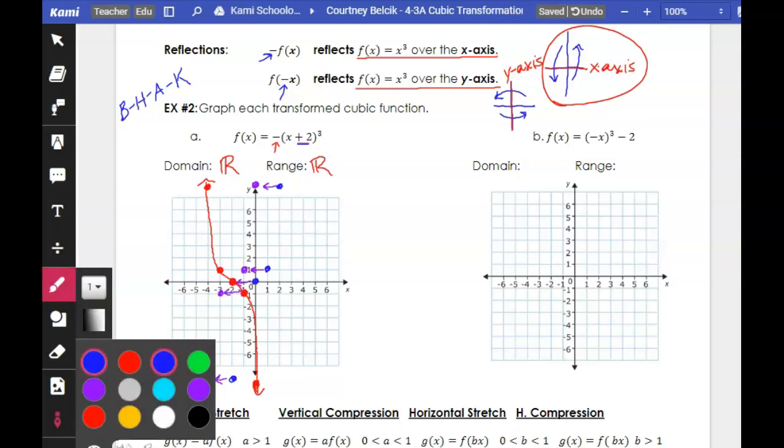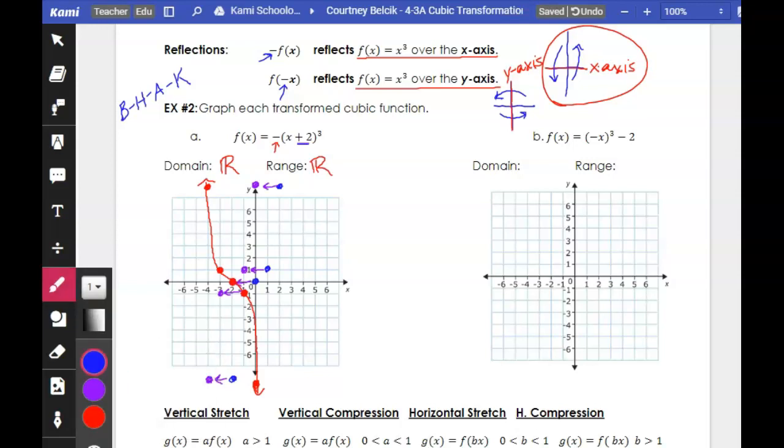Let's look at example 2b. Anything inside parentheses I do first, so I notice that if I have my original parent function points, which you might want to start off all your problems by graphing, you've got a reflection here. That reflection is inside with x, that means it's horizontal.